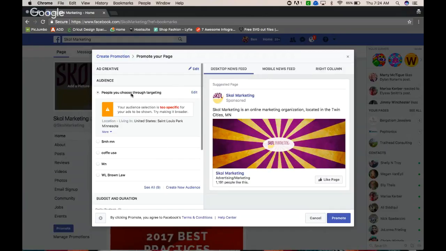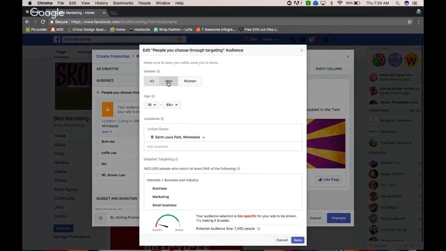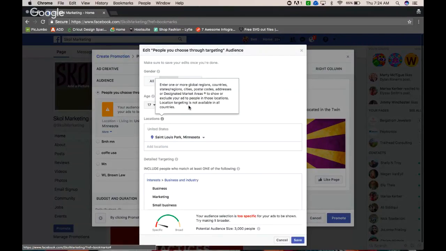So, going back to the audience, it's going to be very redundant with what we've been talking about, but now we can choose people through targeting. Otherwise, if we've done these prior, we can actually get the different target audiences that we've already determined. We're going to go through this again, but we're just going to play around with some of the dials just to give you an example.